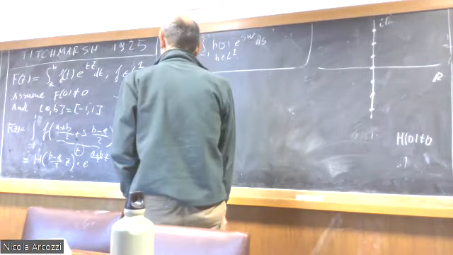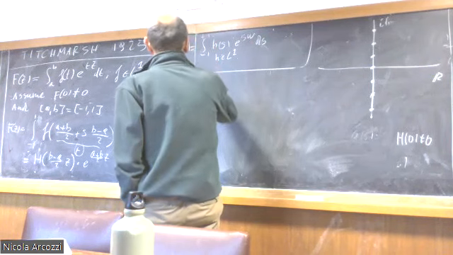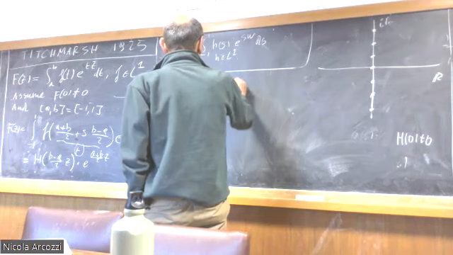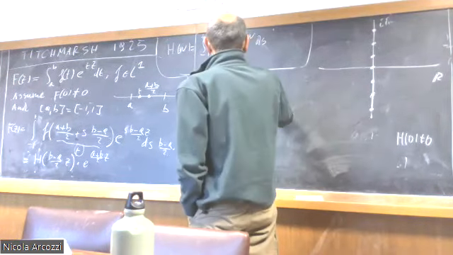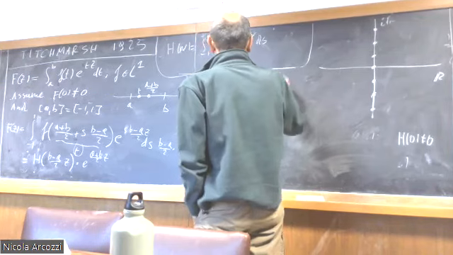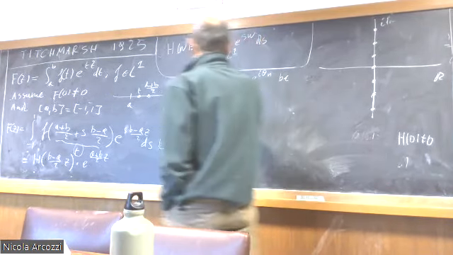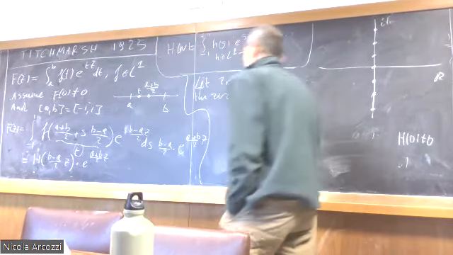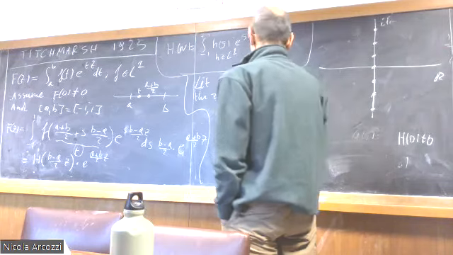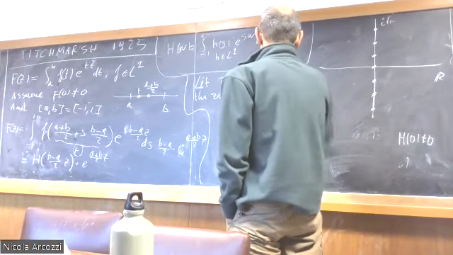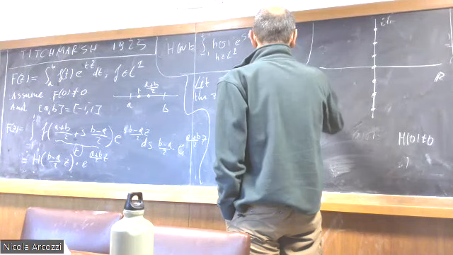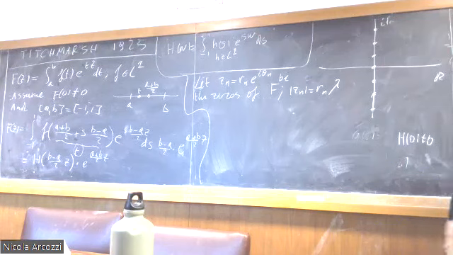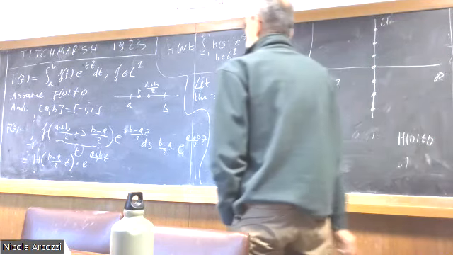So let the zeros be r_n times e to the i theta_n, where I assume that they are ordered by increasing modulus.